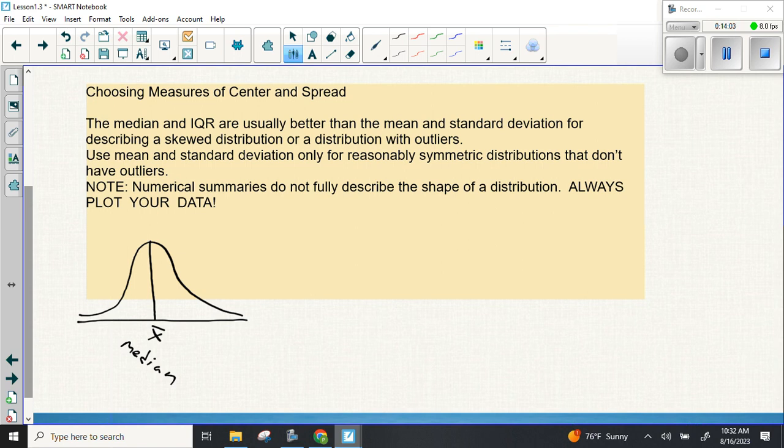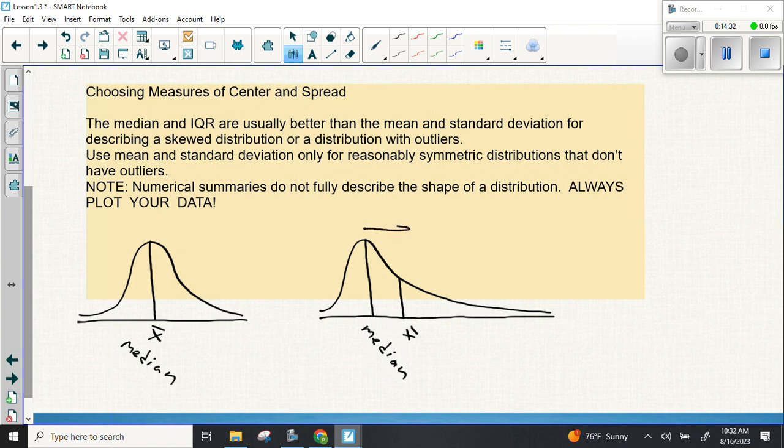Now, if I have some data that's skewed, let's draw a curve that would be considered skewed to the right. This peak is actually going to be a better representation of our median, and our mean is getting pushed to the tail.